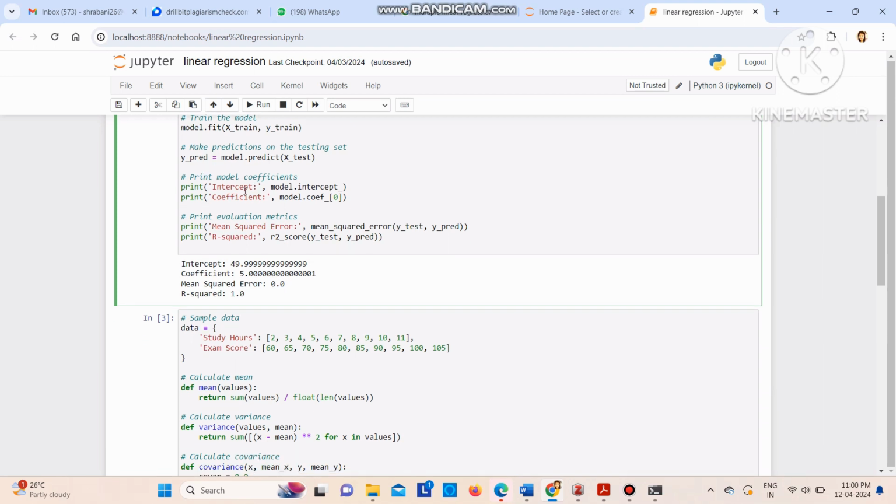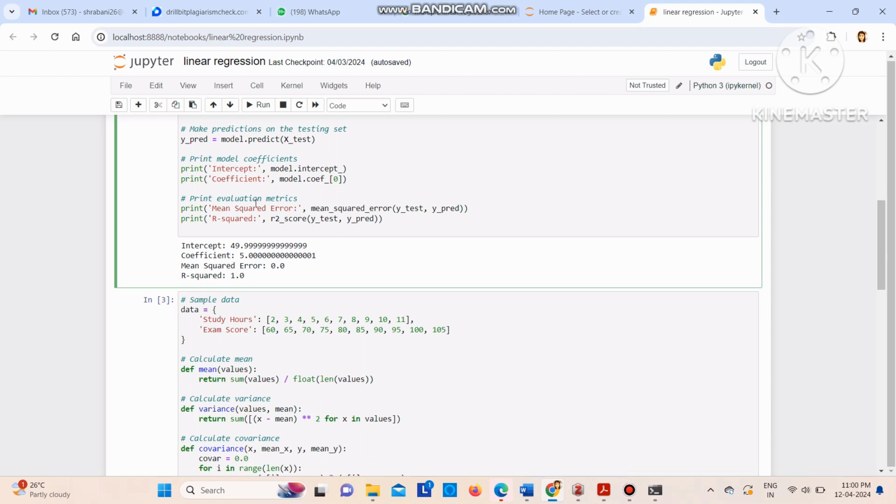After this we are going to display the intercept. We just need to call model.intercept_. It will display the intercept value, and model.coef_ will display the coefficient or slope value.